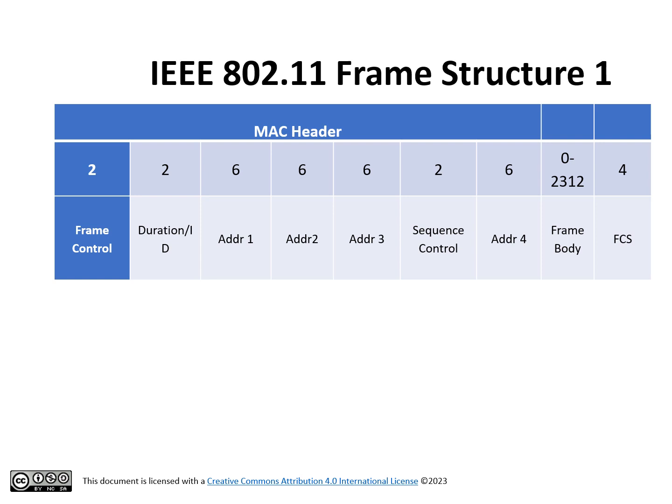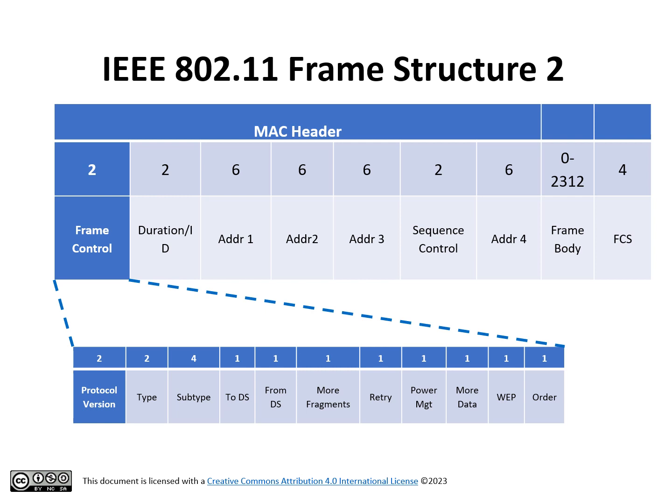The frame body field contains the data or information included in either management type or data type frames. The frame check sequence FCS field contains the error checking information. A cyclical redundancy check, CRC, is used over all the fields of the MAC header and the frame body field to generate the FCS value.